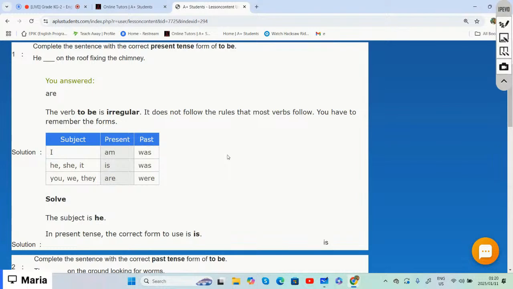And if we use the word he, she, or it, which refers to one person or thing, then in the present tense, he, she, or it is, but in the past, was. And if we refer to more than one person doing something, then we say are in the present and were in the past. Yes, so he or she is. Well done.